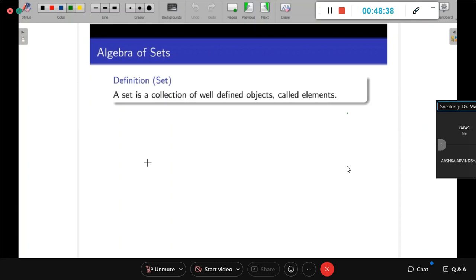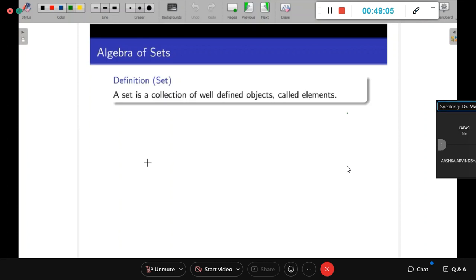Now let's move to the set theory. I hope you have already studied set theory in your previous sessions, maybe during real analysis or complex analysis or somewhere in calculus, or at +2 level.